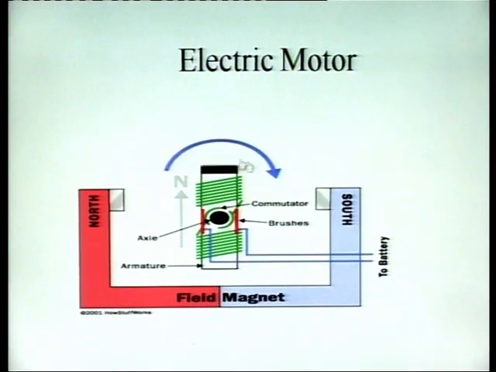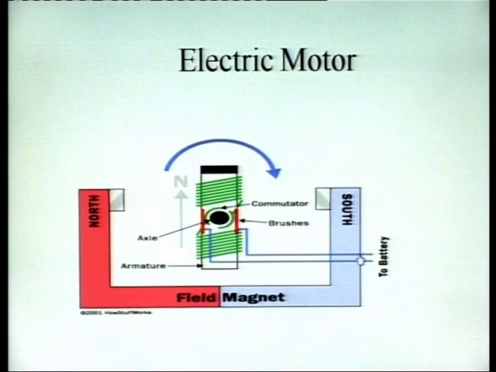Now, more clearly, this is the diagram of an electric motor. This is the magnet, which is called the field magnet, and this center line, that is this black circle, is an axle. This green line is the commutator, this red line is the brushes, and these are the armature winding.